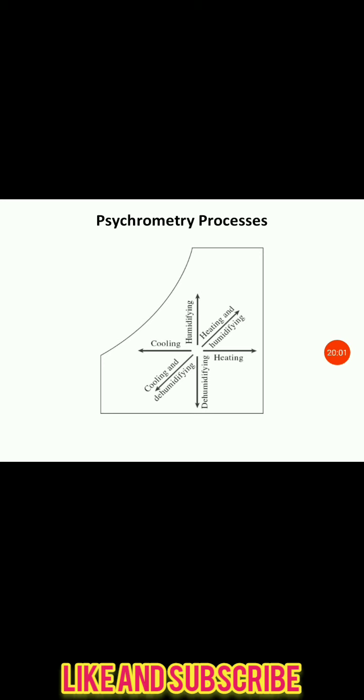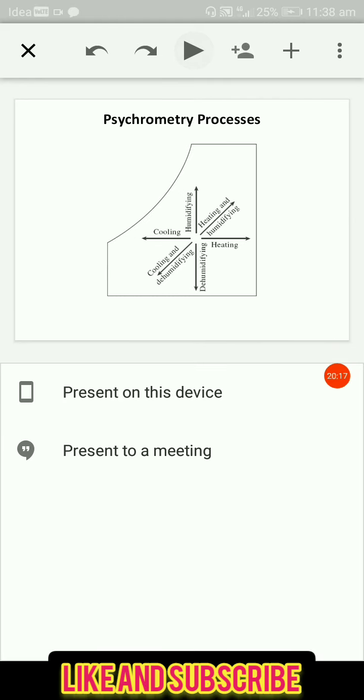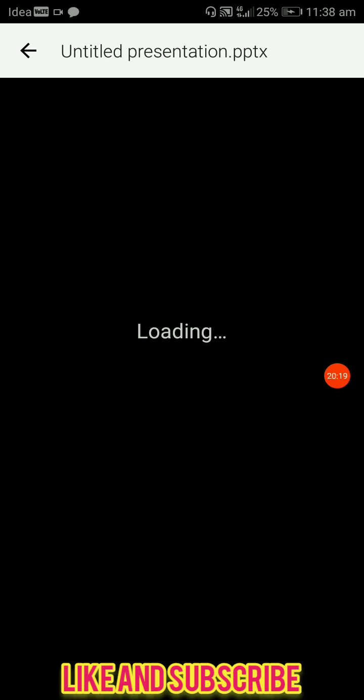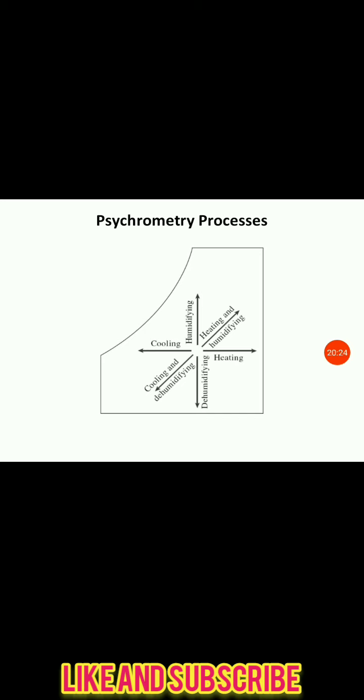So what is cooling load estimation? Cooling load estimation is used to select an air conditioner for a particular application, as per the load on the system. So this is all about the psychrometric chart and psychrometric processes.